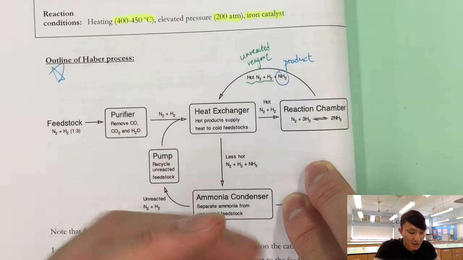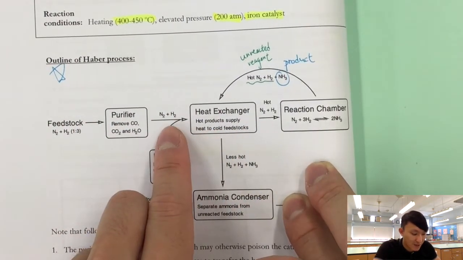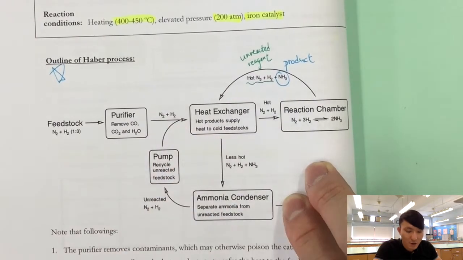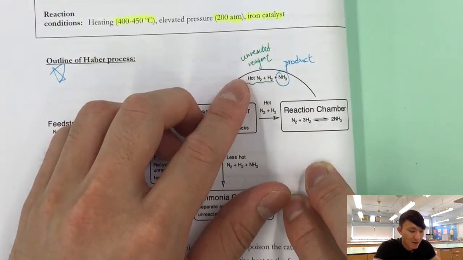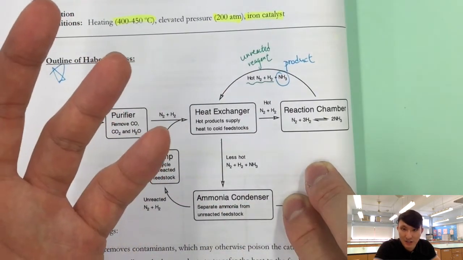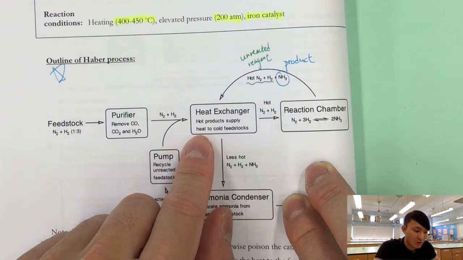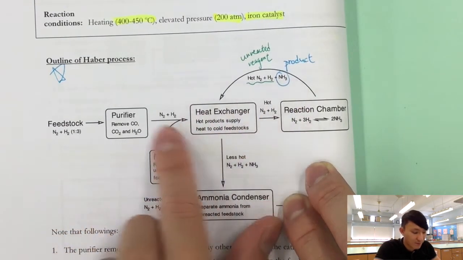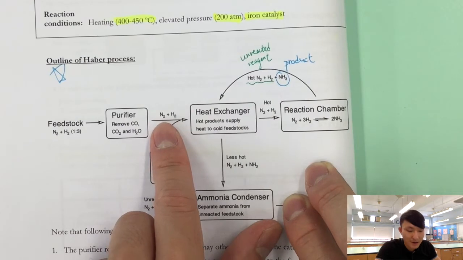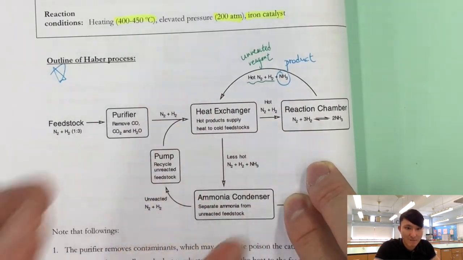If we have separate chambers, one for heating up the reaction feedstock, another one for cooling down the product mixture, then it will be a waste of money and inefficient. So this heat exchanger allows us to transfer the heat from the product mixture to the feedstock. Of course, the two mixtures are not directly mixed together.